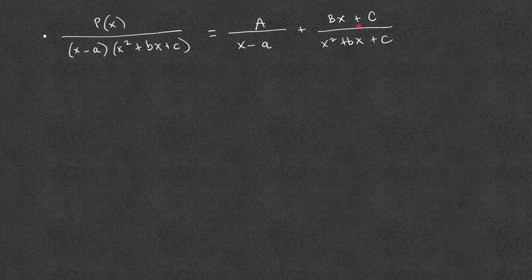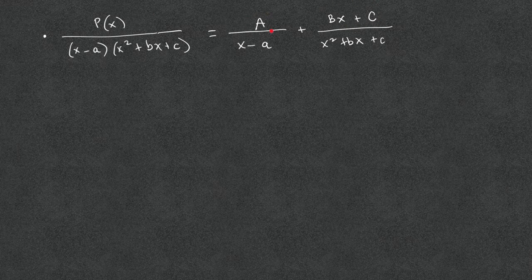The degree that we use in the numerator in the partial fraction is 1 less than the degree in the denominator. The degree of the constant a is 0. The degree of the linear factor x minus a is 1. The degree of the irreducible quadratic x squared plus bx plus c is 2. The degree of bx plus c is 1.